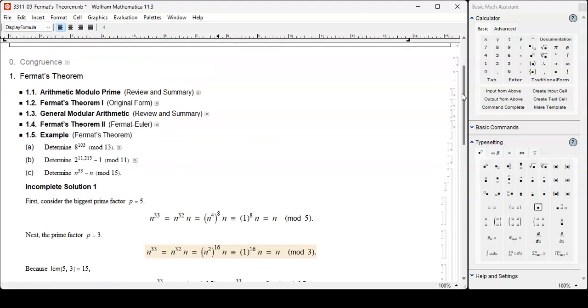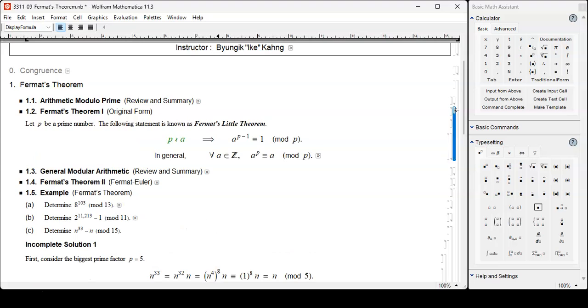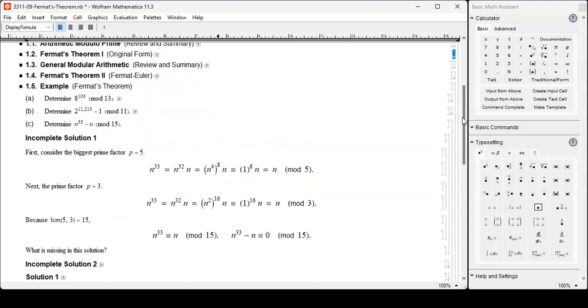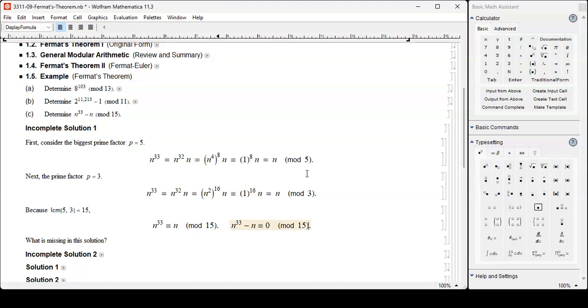So either way, I used Fermat's theorem, this one here. And then, well, let's see, both are congruent to n, modulo 5 and modulo 3, and the LCM is 15, so mod 15, it should be the same as well.